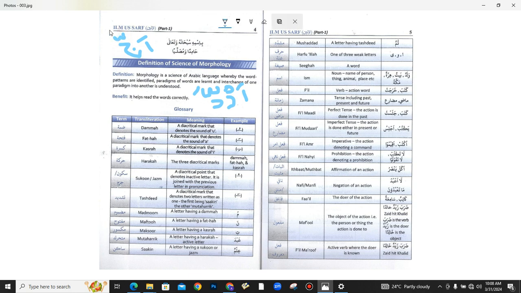and tashdid, you know, tashdid is not a haraka. It has nothing to do with the haraka. It only gives the sign to make the voice like an echo sound. And there must be a haraka. It can never be empty of any haraka. We can't write a letter without any haraka or sukun or jazm.